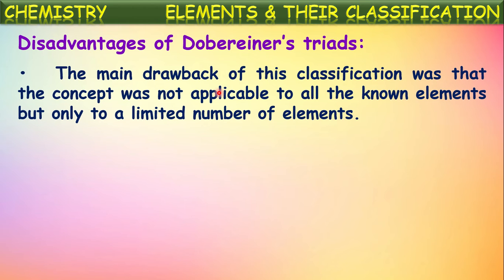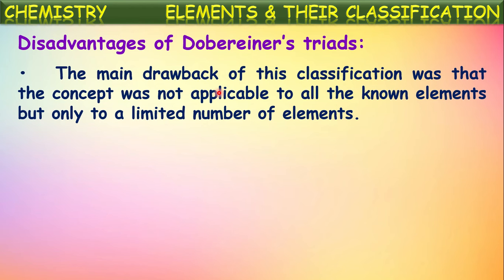So Dobereiner could classify only some elements into these triads. He could not classify all the available elements at that time into triad sets because their chemical properties were different. Only a limited number of elements could be classified into triads.